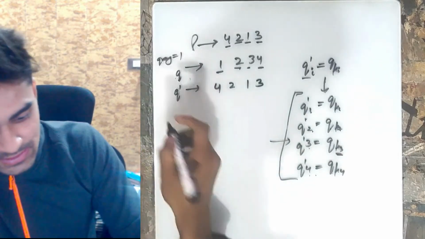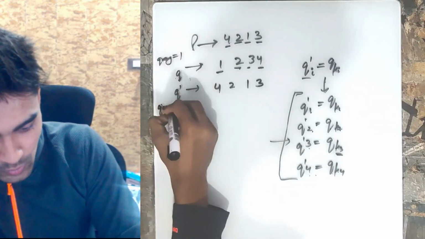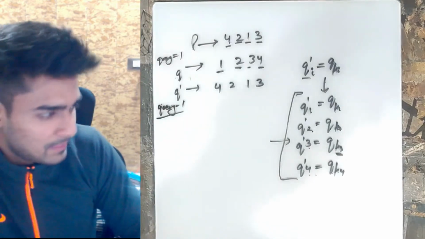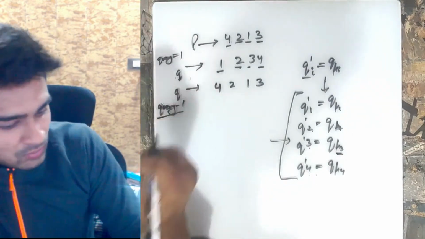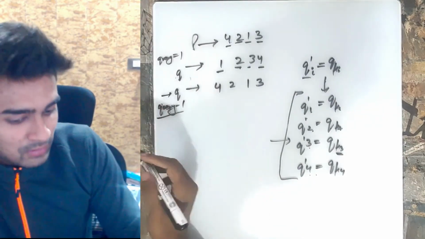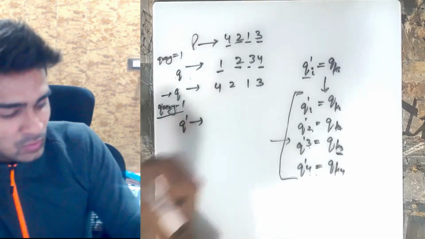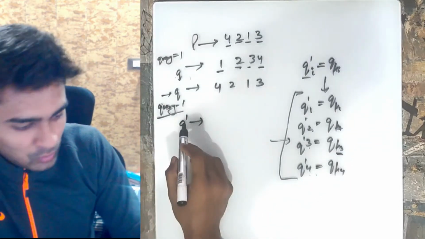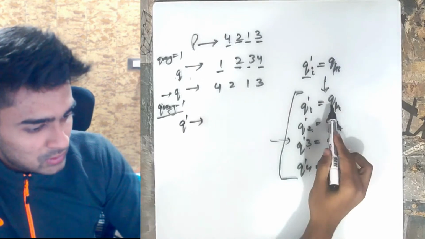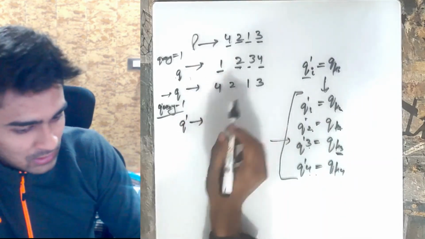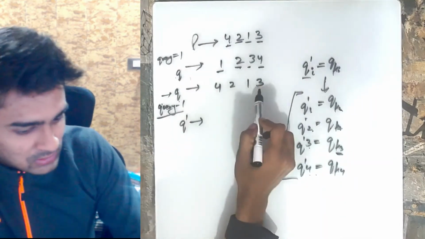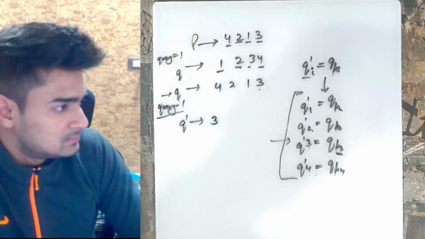Let's say we again ask the query 1. Now this Q dash becomes the updated Q that we have. Now the jury makes another Q dash. Q dash 1 will be equal to Q of P1. P1 right now is 4. Q of 4 is 3, so we have 3 here.